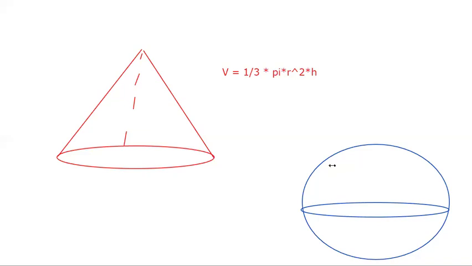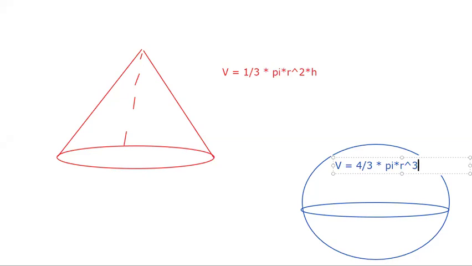The volume of a sphere is 4/3 times pi times r cubed. 1/3 pi r squared h on your cone, but on a sphere, it is radius cubed, not radius squared. So this is something new. We've never had a radius cubed before.